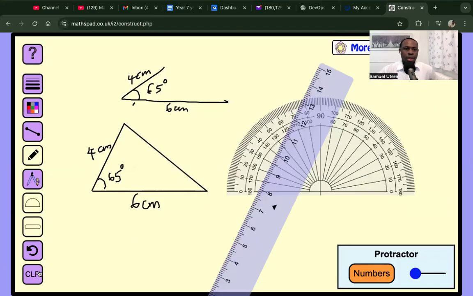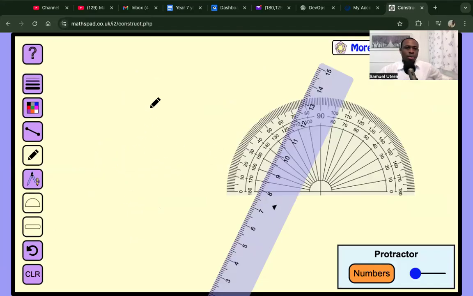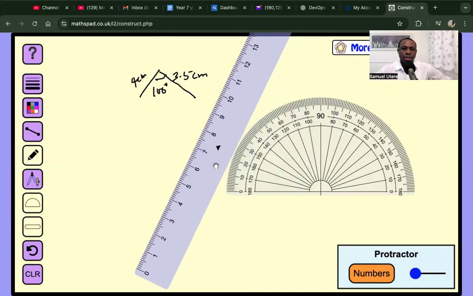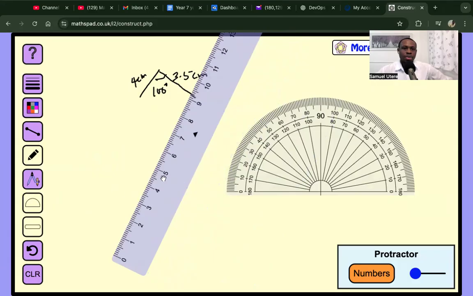So we're going to clear this. We want 4 centimeters, so let's write it here so we don't forget: 100 degrees, 4 centimeters, by 3.5 centimeters. You should be doing this on paper. First thing, we'll take a ruler. We can maintain the same orientation, but we don't really have to.